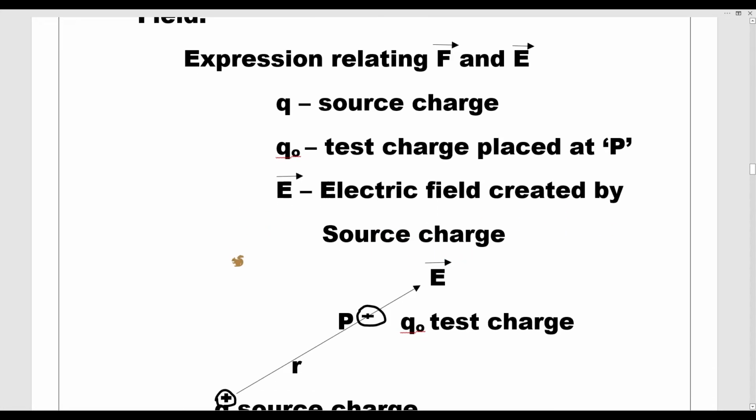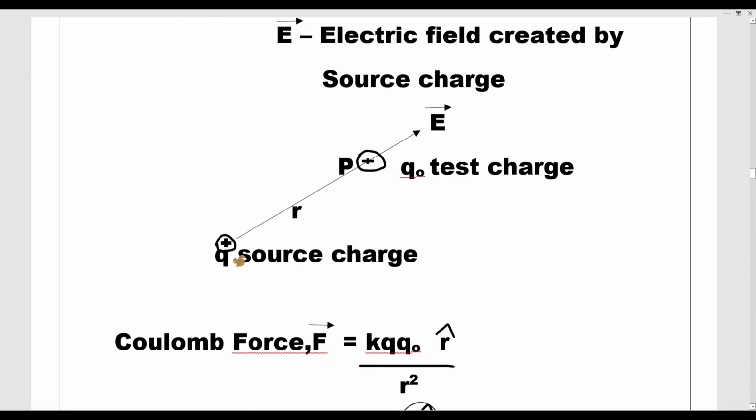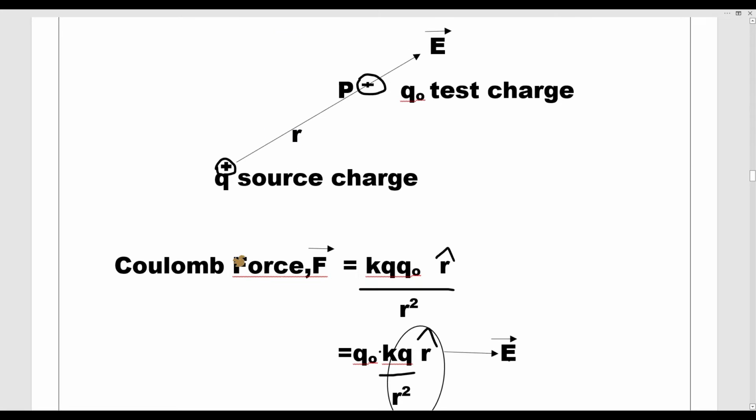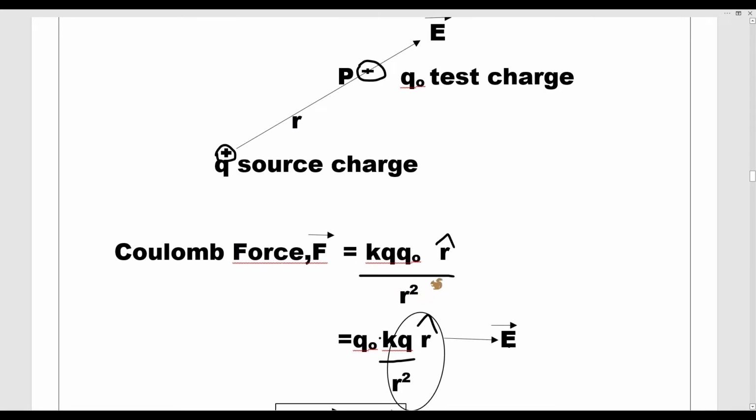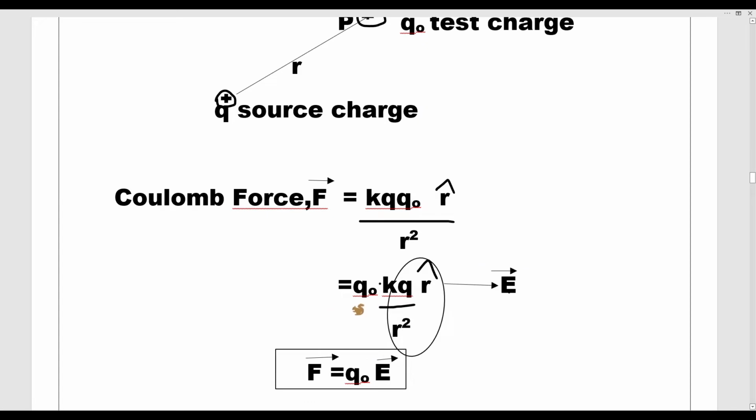Now Coulomb force can be written as F vector is equal to K Q Q naught by R square R unit. And here this can be written as F vector is equal to Q naught into KQ by R square into R unit.